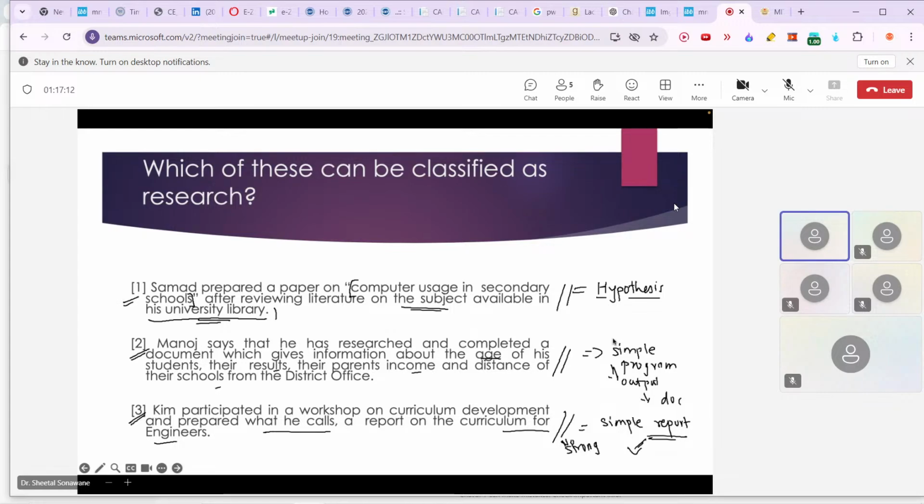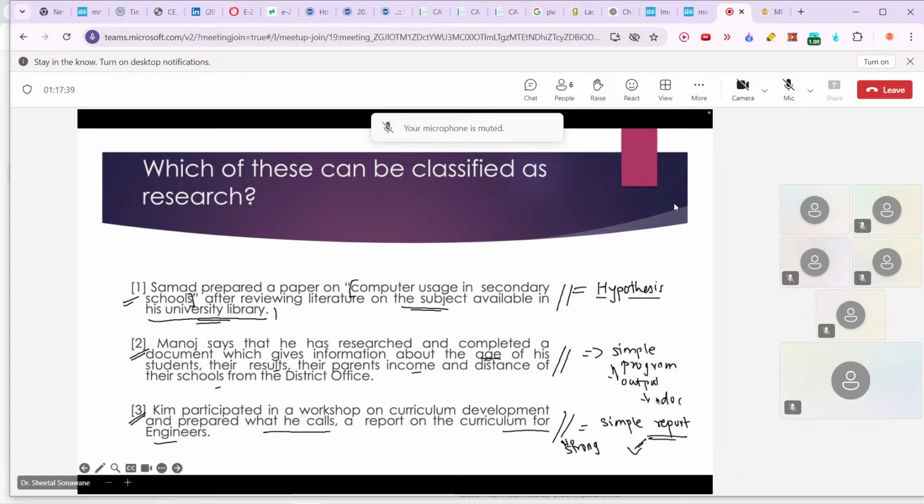Okay. What about the second one? Manoj says that he has researched and completed a document which gives information about the age of his students, their parents' income, distance of their school from the district office. The second statement says that he researched and completed a document.